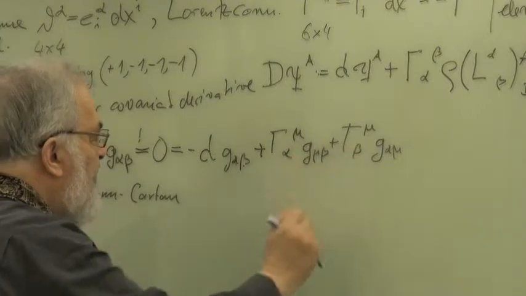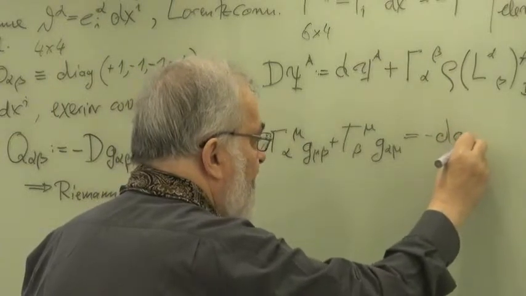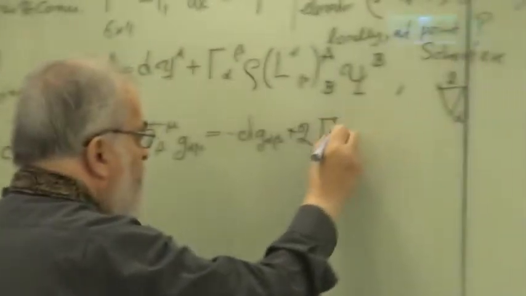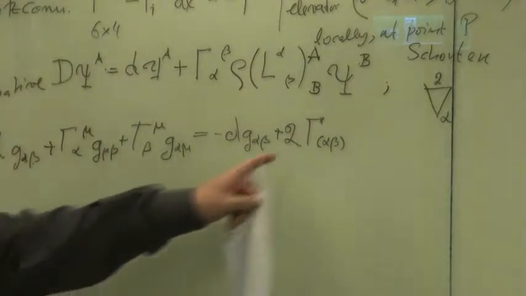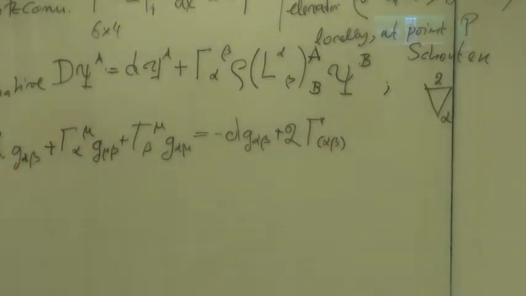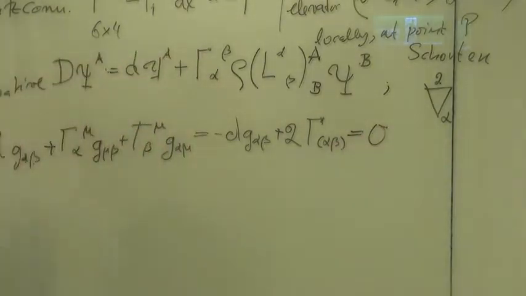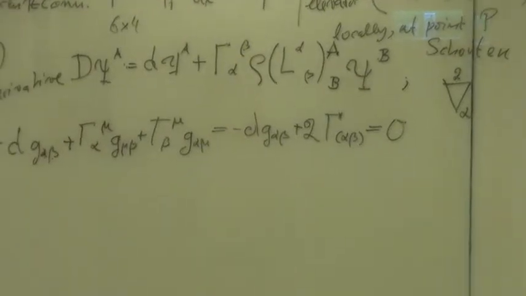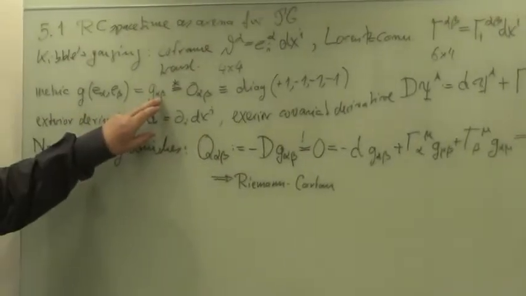And you can easily see, of course, that you lower the index, you get here alpha beta, here you get beta alpha, so that's nothing but minus dg alpha beta plus 2 times gamma alpha beta symmetric, right? The parenthesis is always 1/2 alpha beta minus beta alpha. And this is 0. Now for convenience, since we want to get the Lorentz group manifest, we choose g constant.